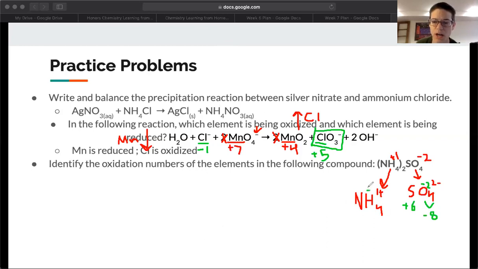This is the +1, and there's 4 of them. So what does the nitrogen have to be? 6. No? That's going to give me a total of +4. I'm supposed to have a +1 left over. -3.